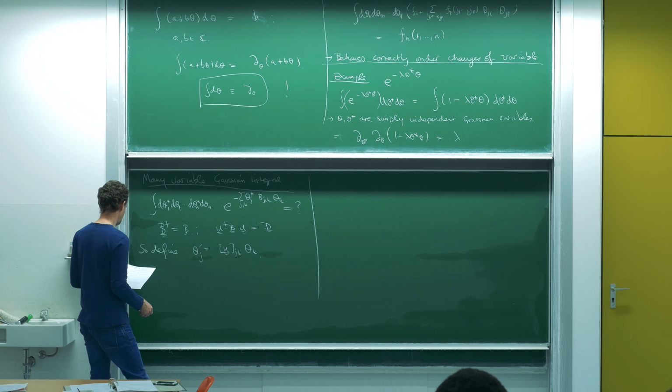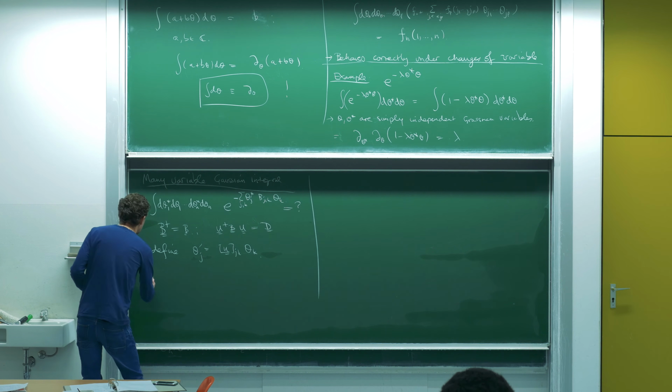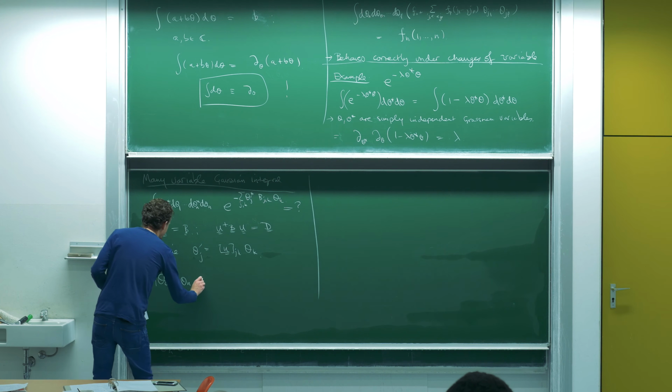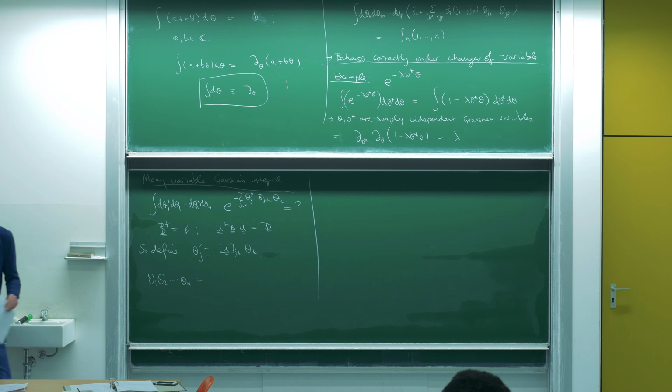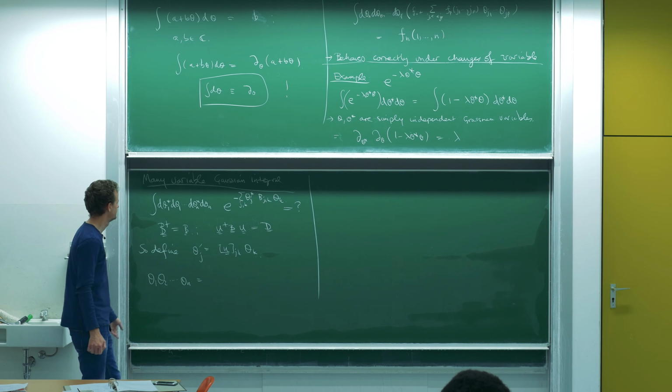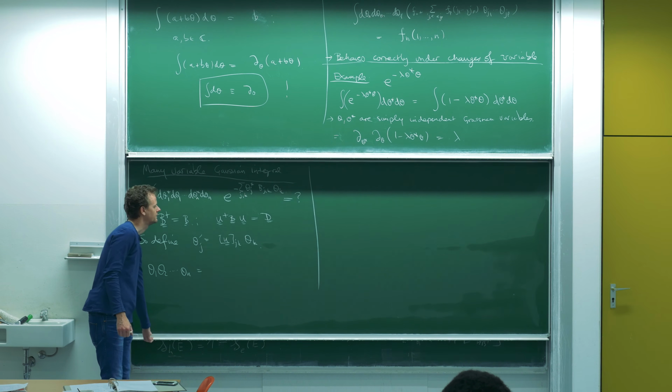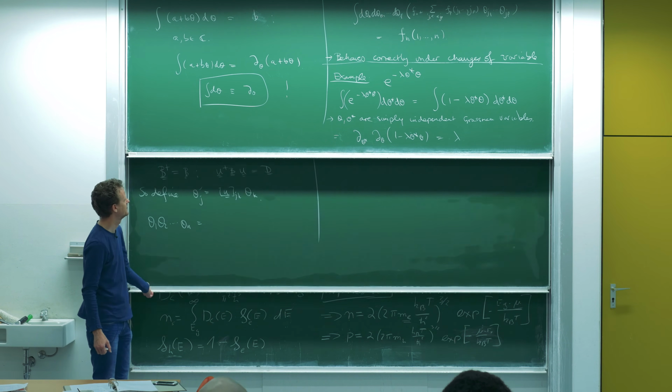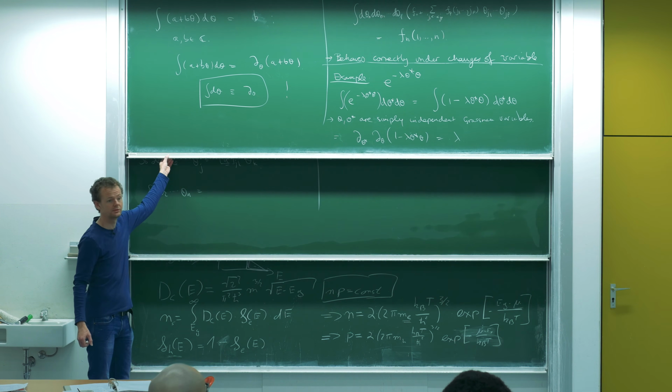And then we notice that the product from theta 1 to theta n, which is what we need to do for this integral here, has a very interesting expression in terms of theta primes.